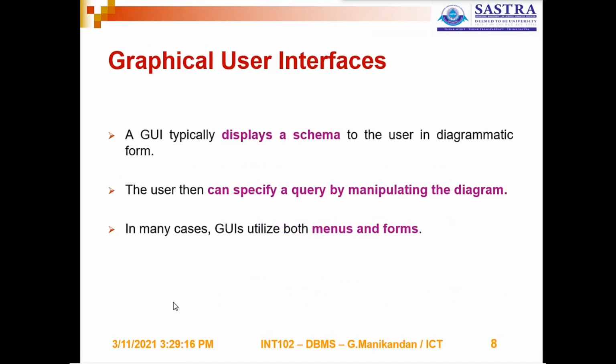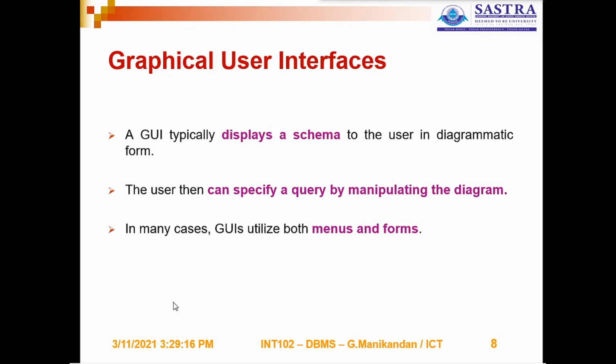The fourth one is the graphical user interface. We have discussed the various schemas, and if you remember the concept I explained under the topic conceptual data model, what concepts do you use? Entity, relationship, and attributes. You have a diagrammatic representation.